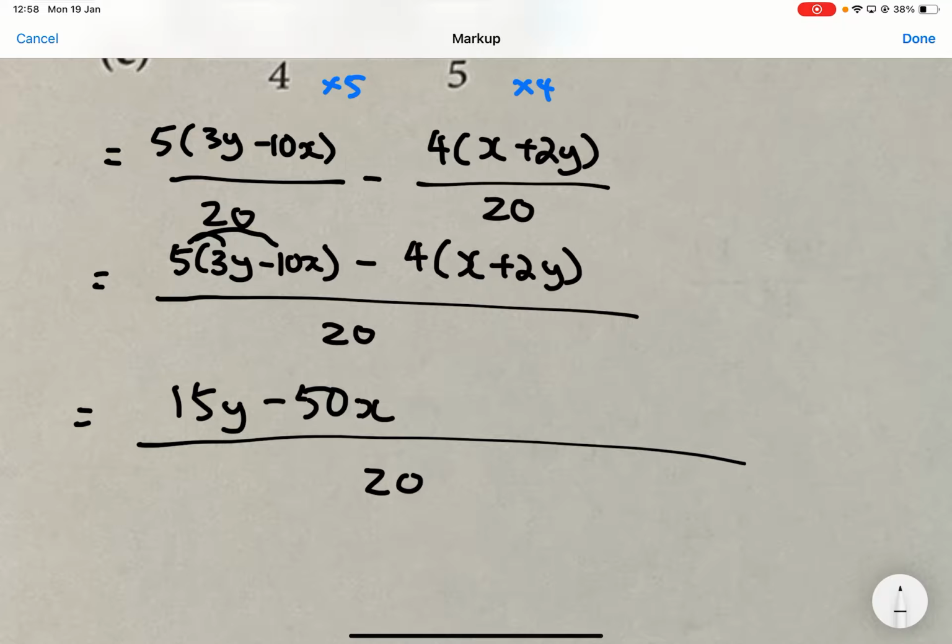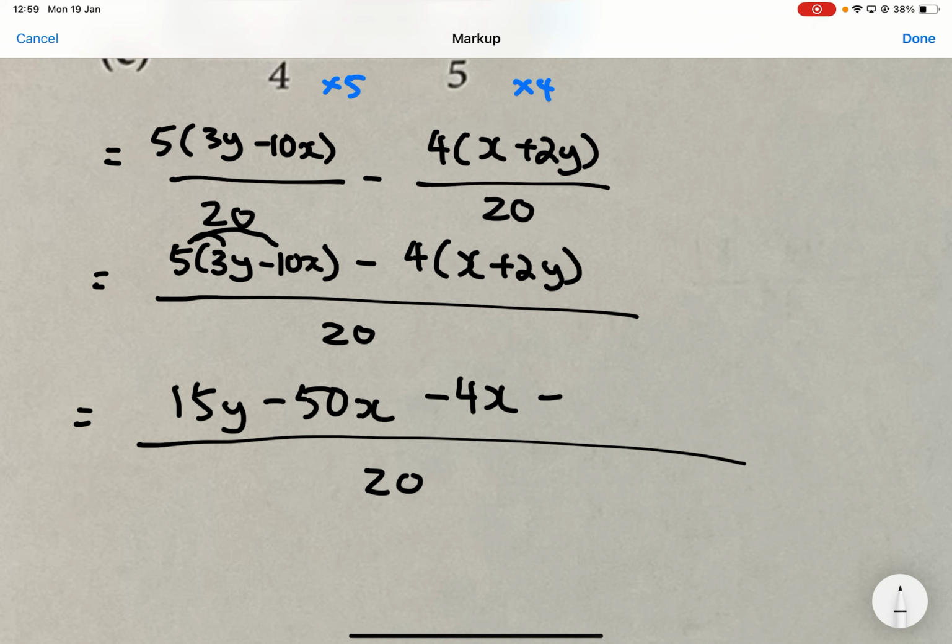Then this minus is the most critical. I want to be looking at it. Minus 4 times positive x. Negative, positive. That's why negative. I want to be looking negative, positive. Negative times positive, so negative.